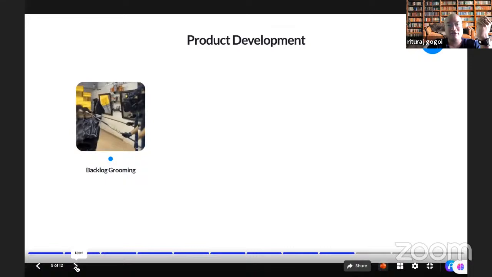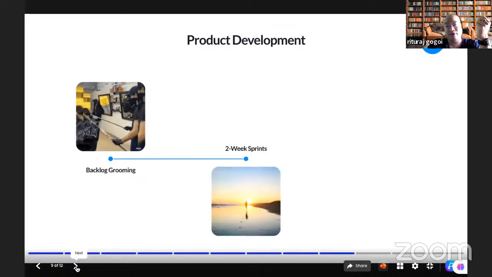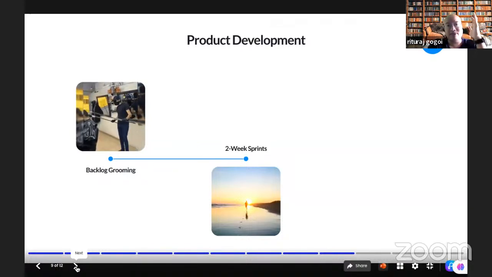And once they are ready with their understanding, then we try and build a solution in 2 week long sprints. So the sprints can be of different durations.